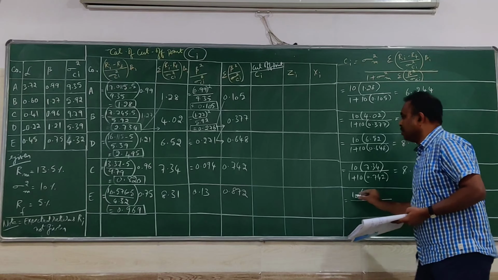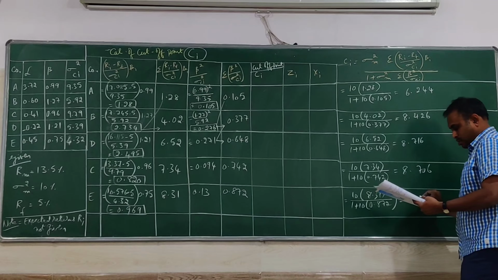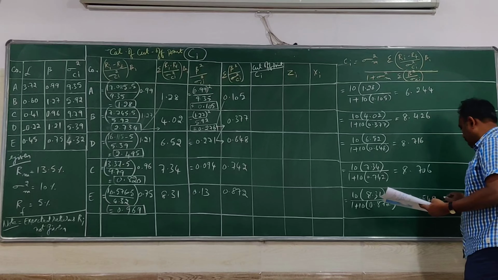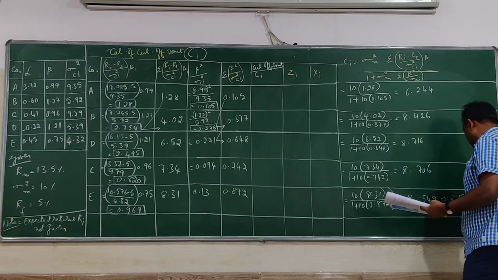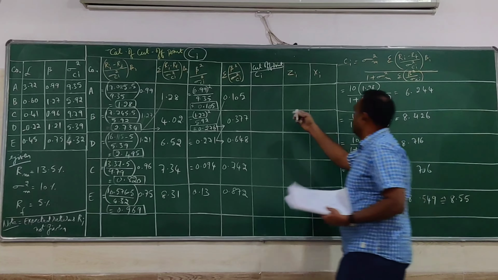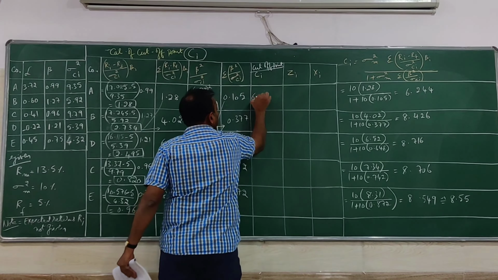And the last one, 8.31 and 0.872. We get here 8.549, or 8.55 we can take here. So these values I'll substitute here, or we can keep it like that only.